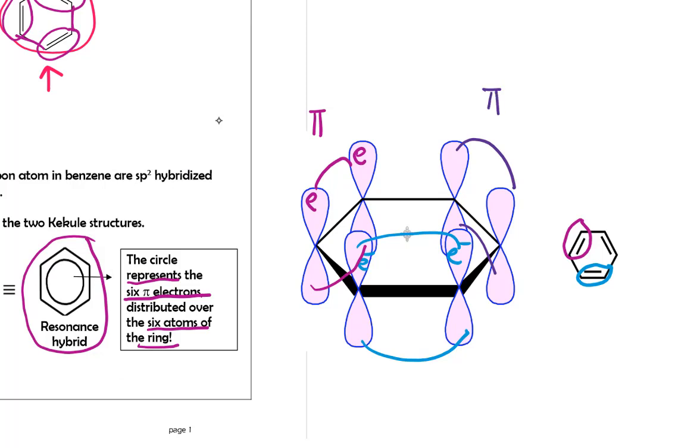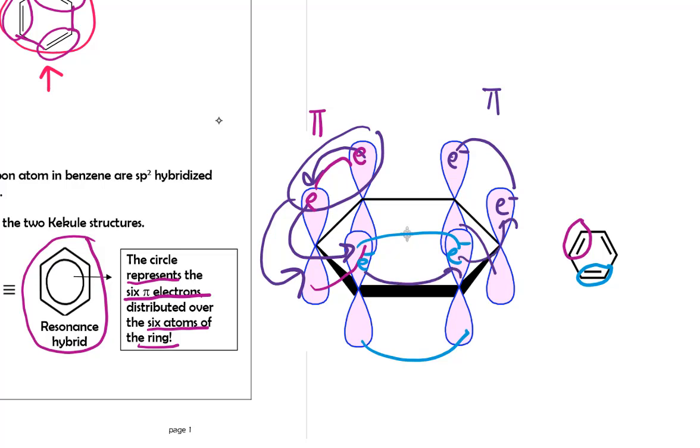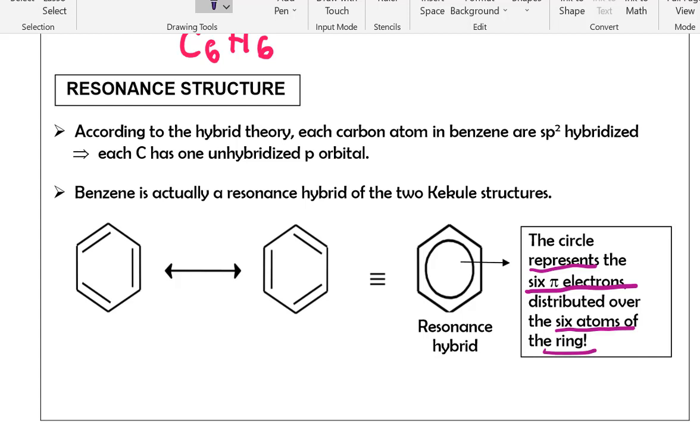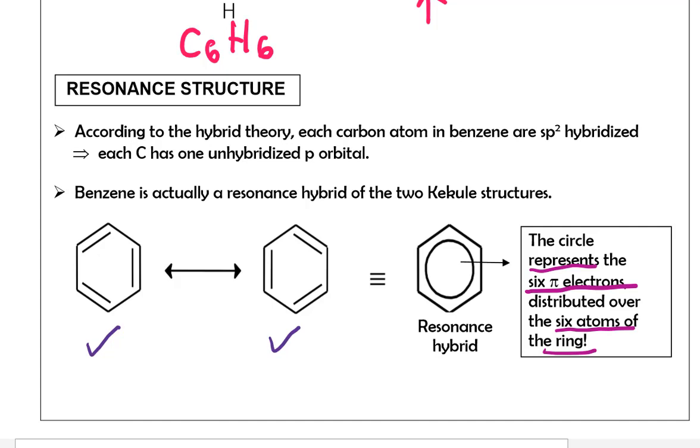So these two electrons can move here: this electron moves over here, and this one moves over here. The two blue electrons, this one will move here, and this one will move here, and the same goes for this one. That's why the electrons at the pi bond can move around. In conclusion, when you want to draw benzene, you can draw it like this, or like this. These three structures represent benzene.